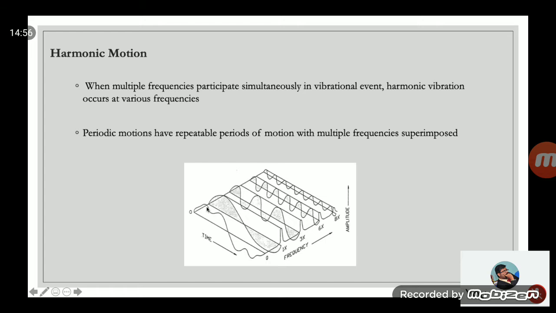It is involved with all kinds of other modes. But the thing is, for one period, it's a harmonic component. Then it can repeat exactly the same way in the other periods. That's why it's called harmonic motion.